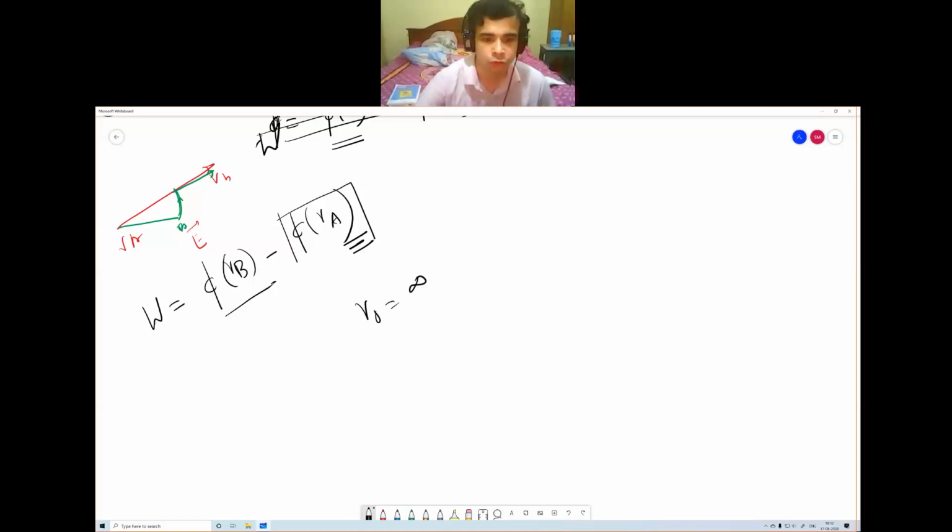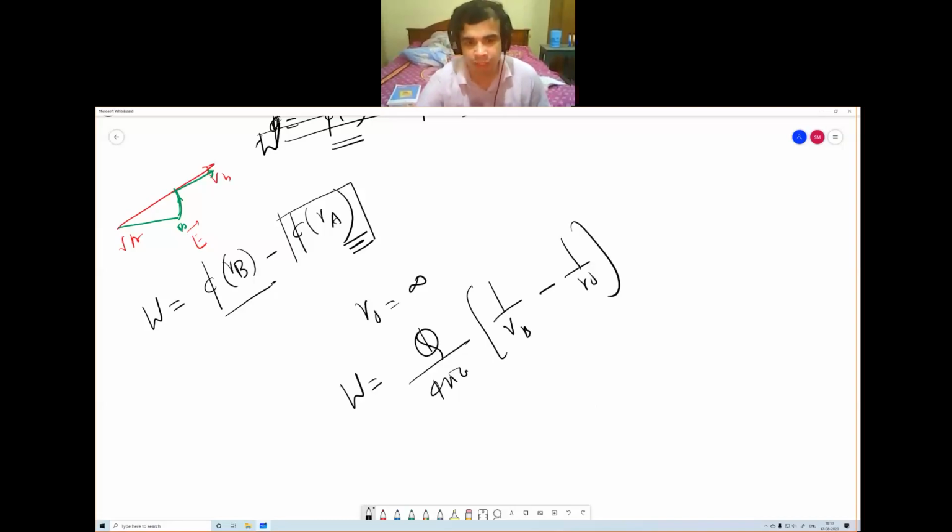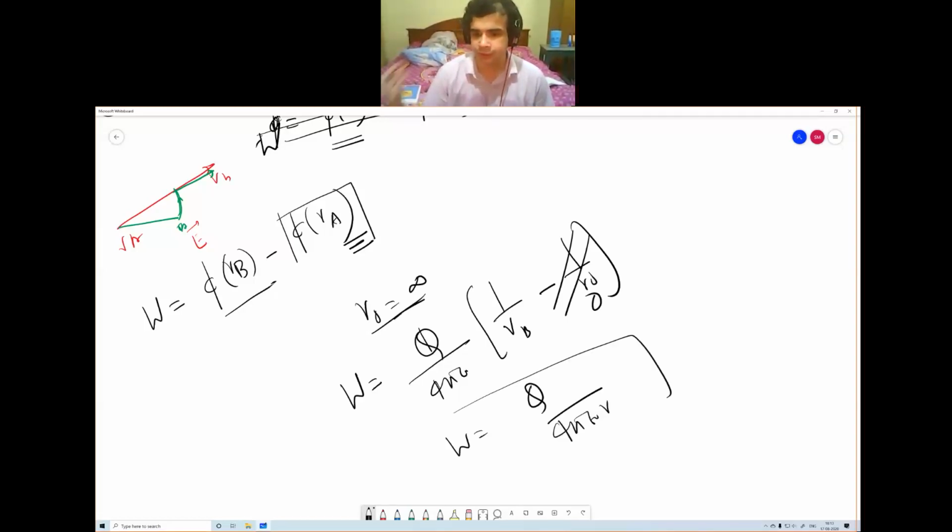Okay. So then W would be found out as 1 by 4 pi epsilon naught, 1 by RB minus 1 by R0. If this is infinite, then obviously this will become 0. So W is equal to Q by 1 by 4 pi epsilon R. So if there are two charges, then W would be Q1 by 4 pi epsilon naught R1 plus Q2, like that.